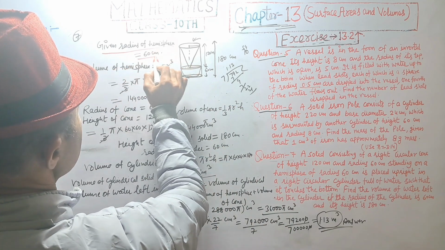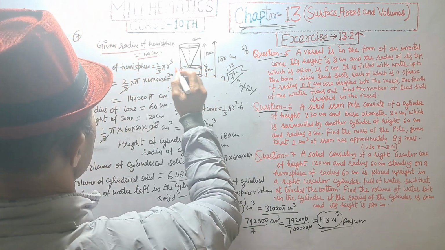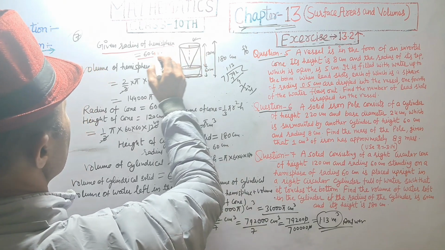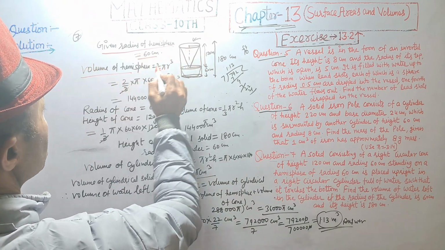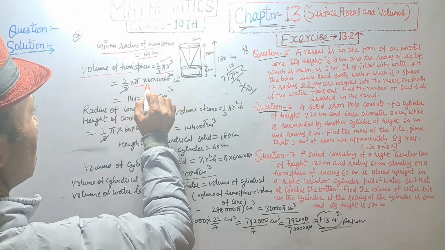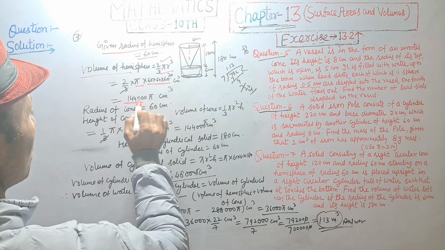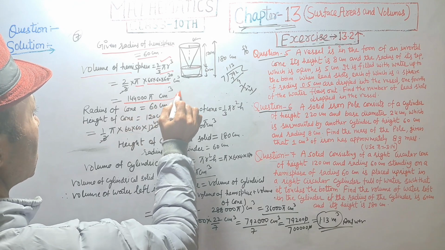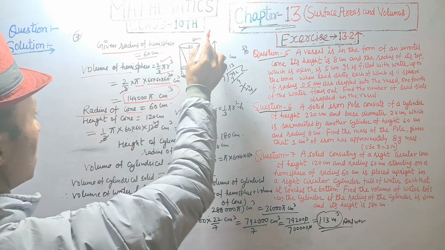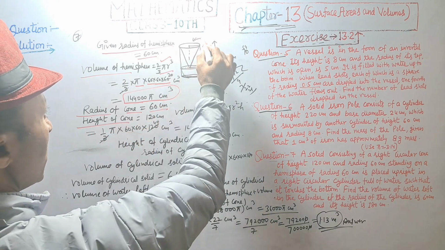Given: radius of hemisphere is equal to 60 centimeter, and volume of hemisphere is 2/3 pi r cube. 2/3 pi as it is, and 60 into 60 into 60, we get 144,000 pi centimeter cube, the volume of hemisphere. And the radius of cone is equal to 60 centimeter, so the height of cone is 120.